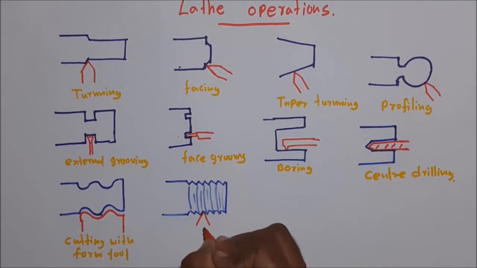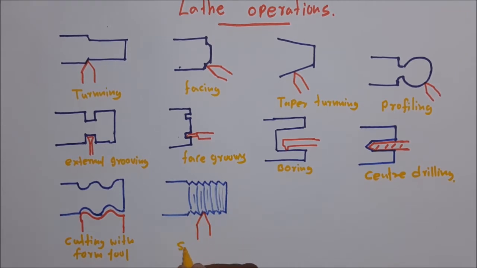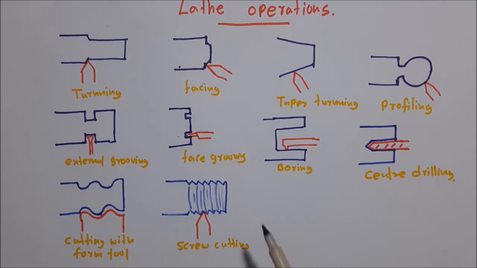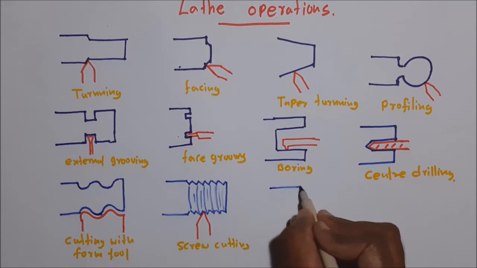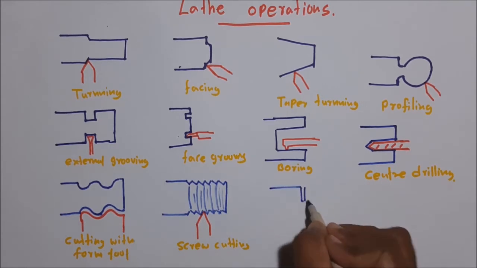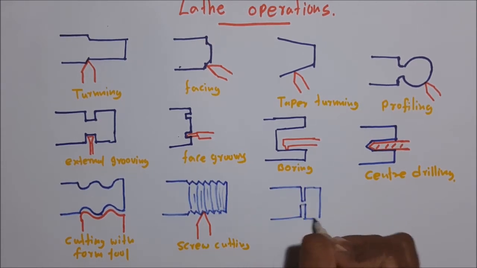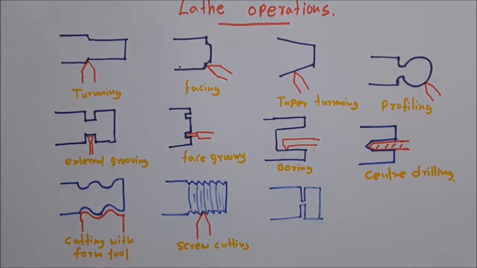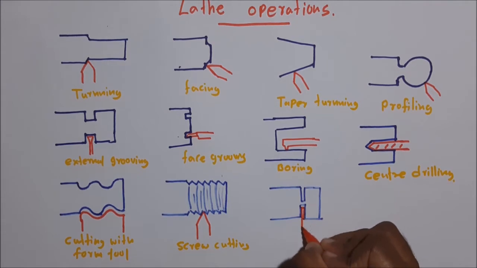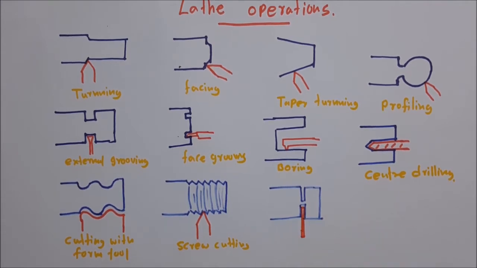This is also called screw cutting. Next one, parting off. This kind of narrow tool is used for the parting off operation, which is cutting off.